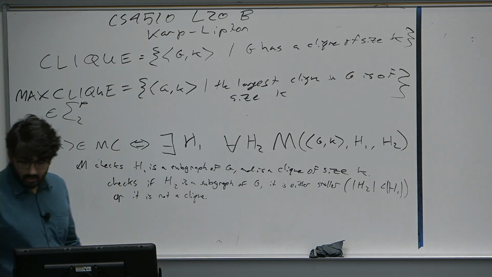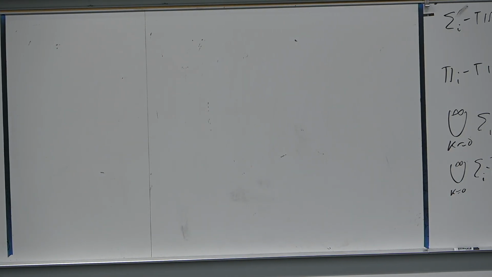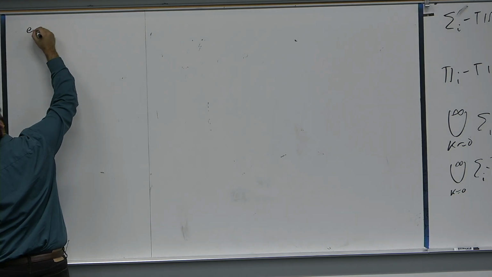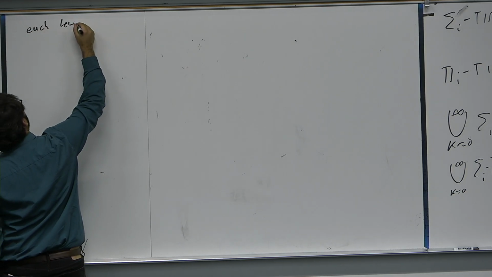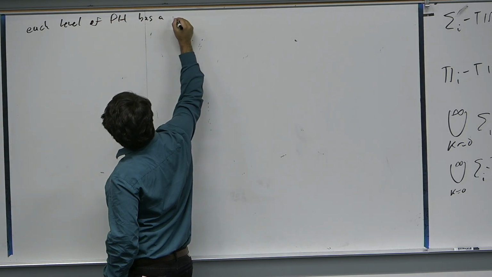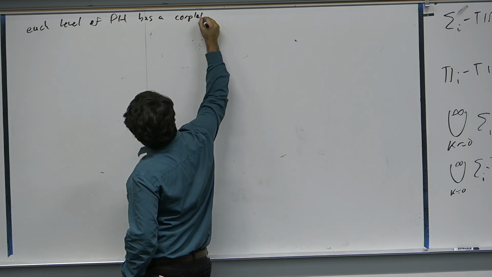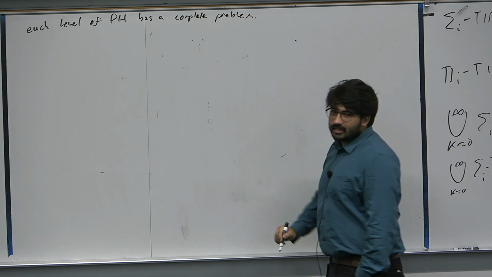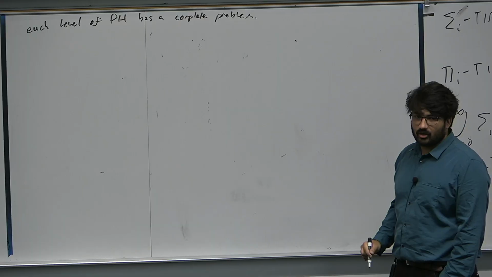So not only does each of these kind of act like a generalization of NP, I claim each level of the polynomial hierarchy has a complete problem. Not the entire polynomial hierarchy, but each level has its own complete problem, right?